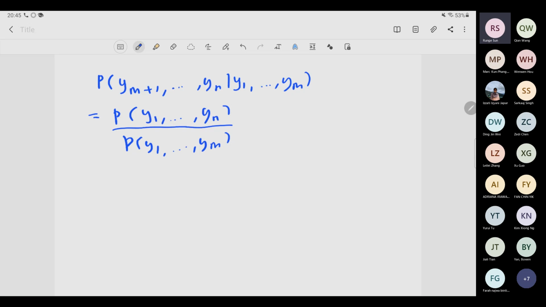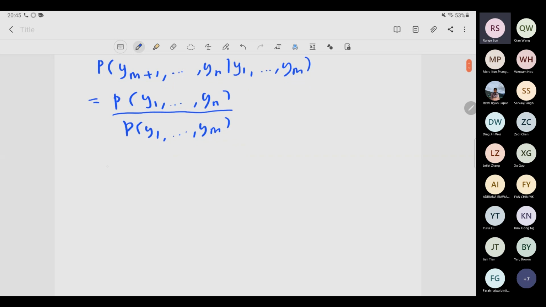When you have your joint PDF, it means that you have the joint PDF of y1 up to yn, which is y1 to ym, then ym plus 1 to yn. So you have y1 to yn over y1 to ym. So you have to open the conditional. Then you have to apply de Finetti to the top part.